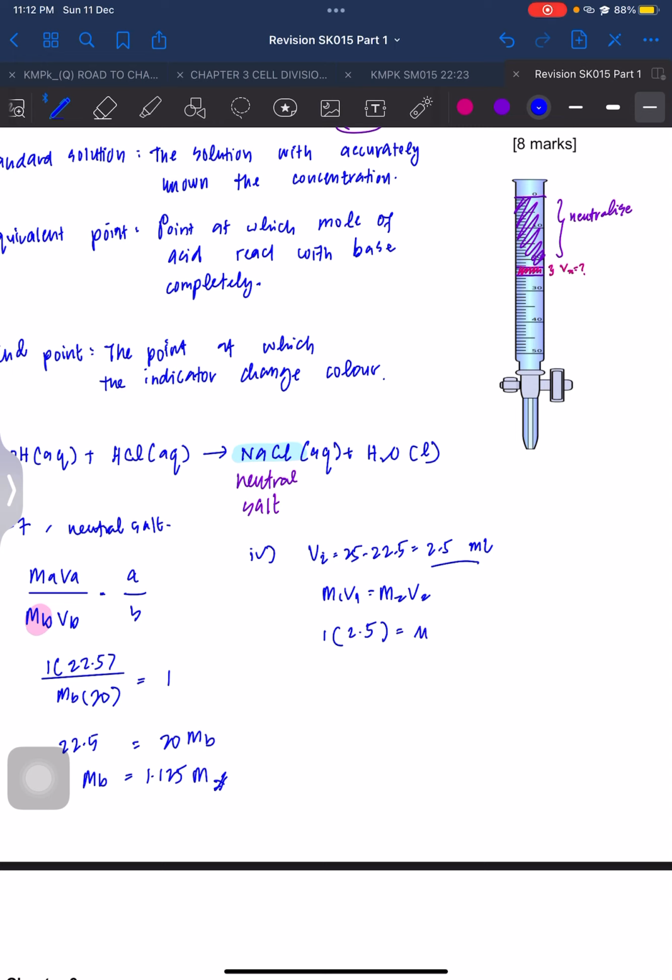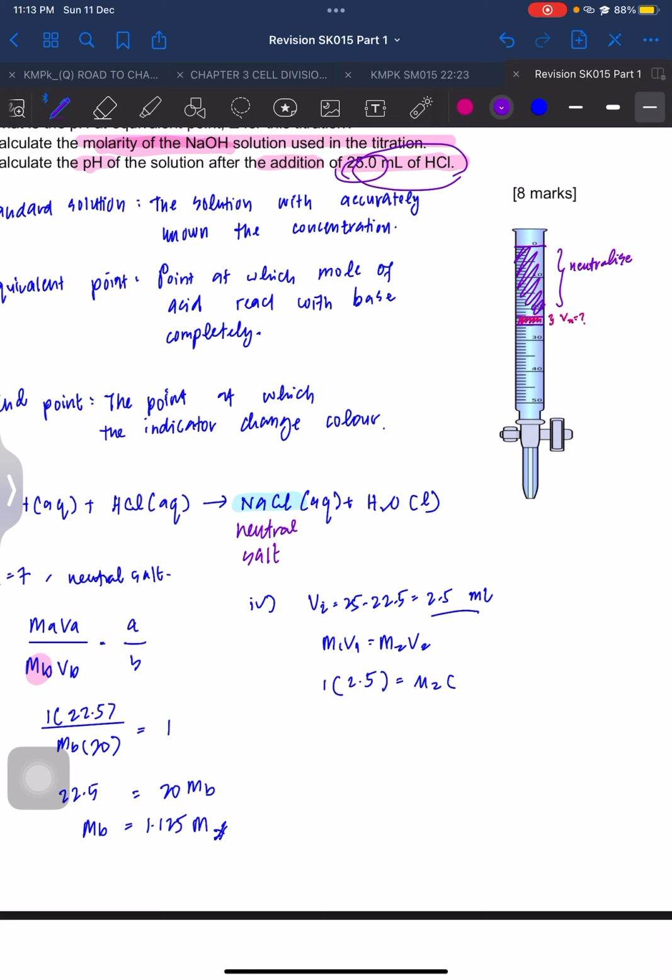Kita nak cari M2 dia berapa, and volume akhir dia kan, kalau kita perasan dia tambah ni acid ni ke dalam our this one analyte. So our analyte dia dah awal-awal 20 mil kan. Lepas tu dia tambah lagi sebanyak 25. So kita tambah je lah, 20 tambah 25 kita akan dapat 45.